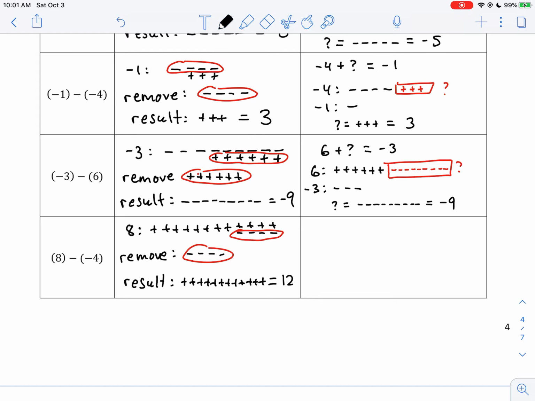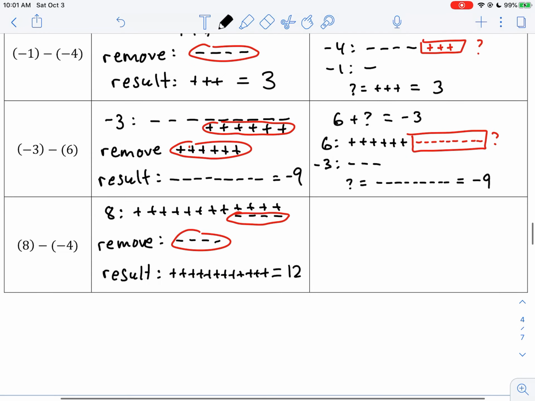But if I'm doing integer chips to do this, then I would say, okay, a comparison question would be, what do I need to add to negative 4? So negative 4 plus what will turn it into 8. All right, well, a representation of negative 4 is just 4 negatives, and a representation of 8 is 8 positives. I think one more, there we go.